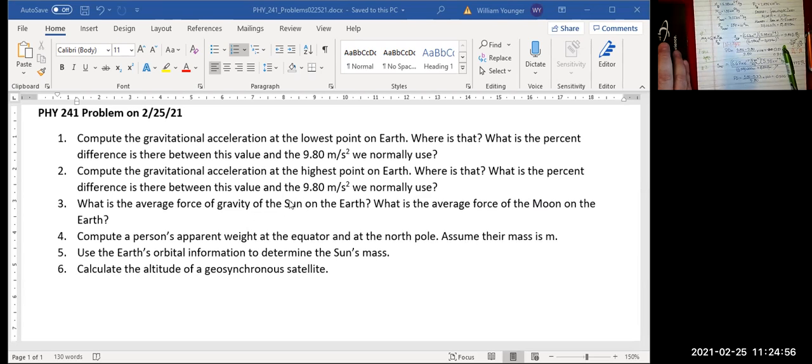And of course, the sun is way, way more massive than the moon. The moon's like 10 to the 22 kilograms, and the mass of the sun is like 10 to the 30th. But the distance between the sun and the Earth is way bigger. It's like 10 to the 11th, whereas the distance between the moon and the Earth is more like 10 to the 8th. So we're going to actually compare those now.